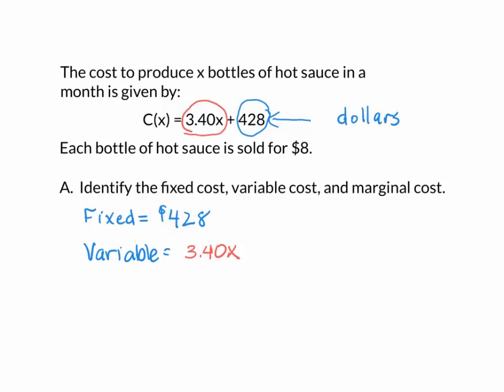The last thing they want us to find is the marginal cost. Remember, our marginal cost is the slope of our cost function, and our slope here is 3.40. The units, remember, this is the cost per unit, so it's dollars per bottle of hot sauce.